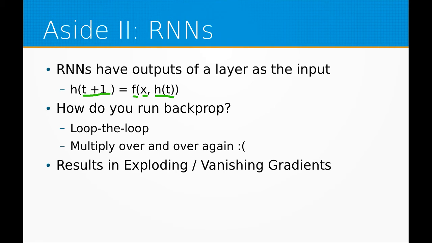Or you multiply small numbers like 0.001 or 10 to the power minus 5 five times and it becomes 10 to the power minus 25, which may not be representable anymore in a double precision number.